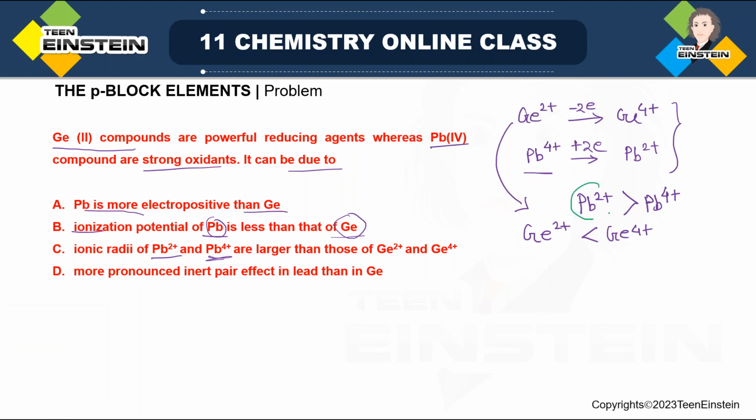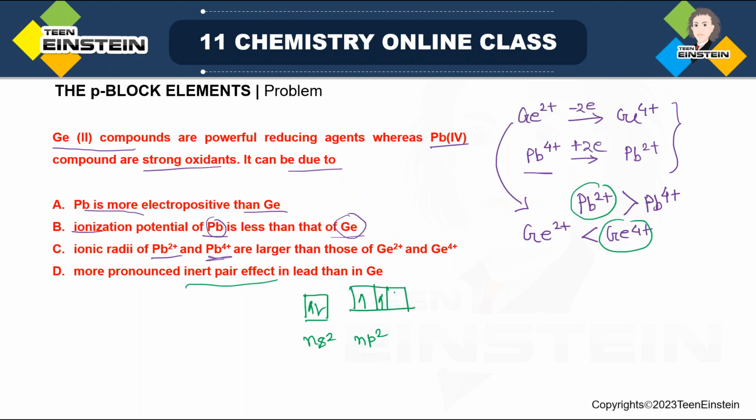Now why is Pb2+ more stable and why is Ge4+ more stable? To answer this question, basically we have to consider the inert pair effect. The inert pair effect for group 14 elements, which have the general electronic configuration ns2 np2. For Ge and Pb the n value will differ, but in general we are considering this, ns2 np2.